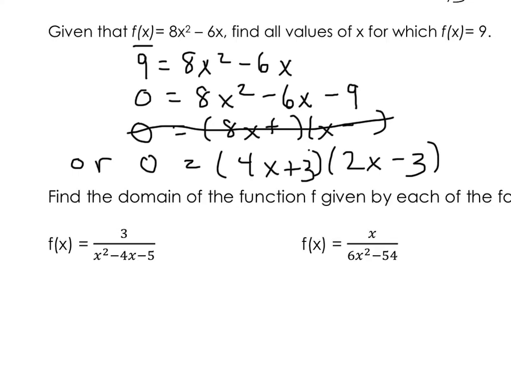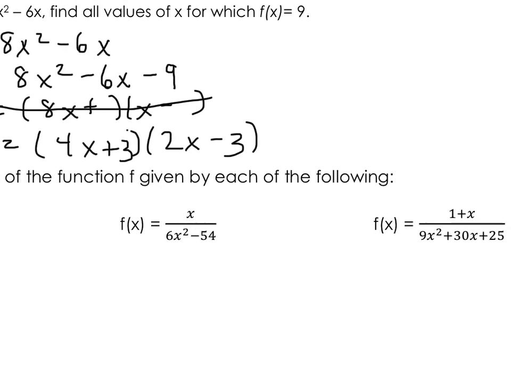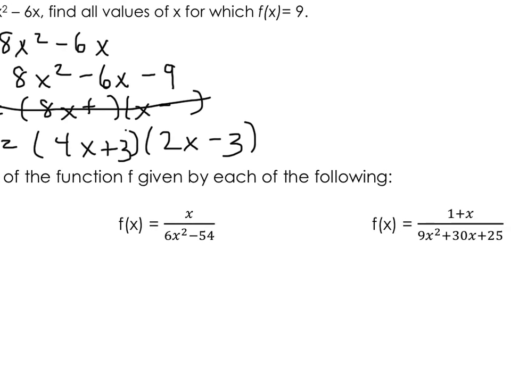So we need to set each individual factor here equal to 0. For x plus 3 equals 0, 4x equals negative 3. Divide by 4.